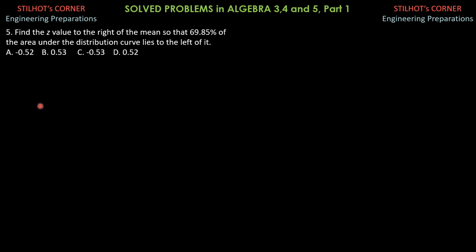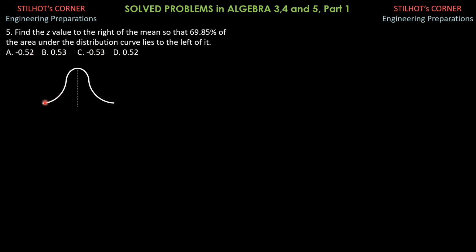So remember that in the standard normal distribution, the area under it is equal to 1 and the mean is 0. And because this is more than half, more than 0.5, the z-score should be positive. So therefore, do not select these negative values here.